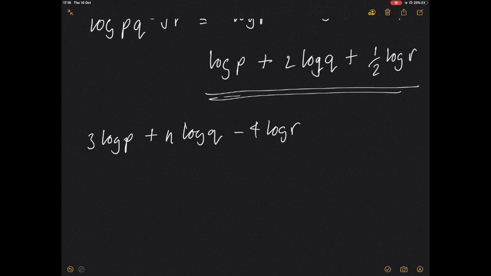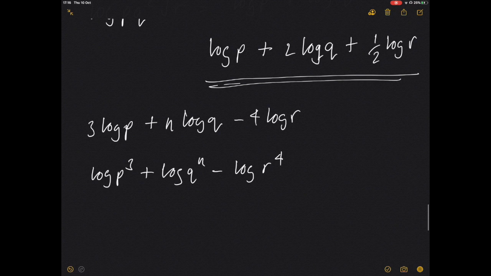We know the rule here, so that would be log P cubed plus log Q to the n minus log R to the 4. Then we can neaten that up by taking them all into brackets: log of P cubed times Q to the n, all over R to the 4. And it's just as simple as that.